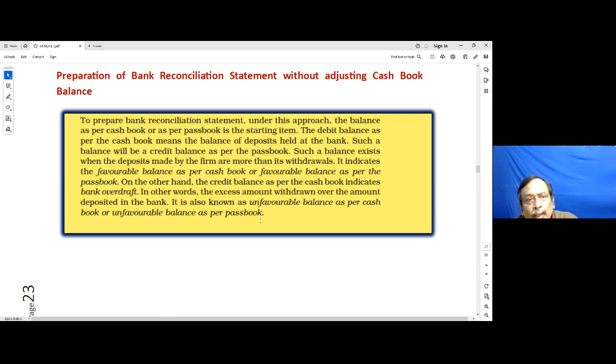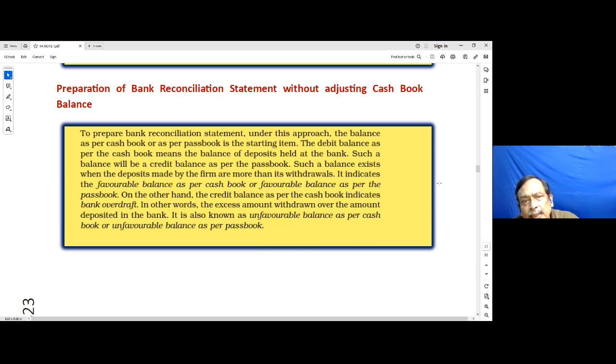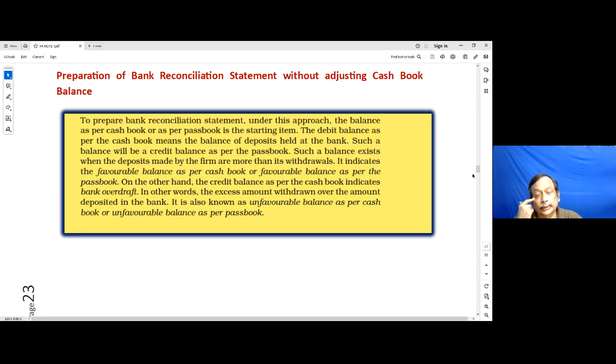Now, to prepare bank reconciliation statement under this approach, the balance as per cash book or as per the passbook is the starting item. The debit balance as per the cash book means the balance of deposits held at the bank.